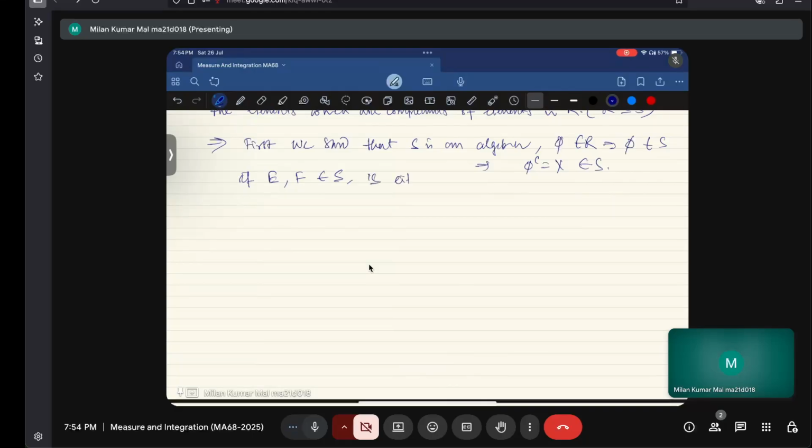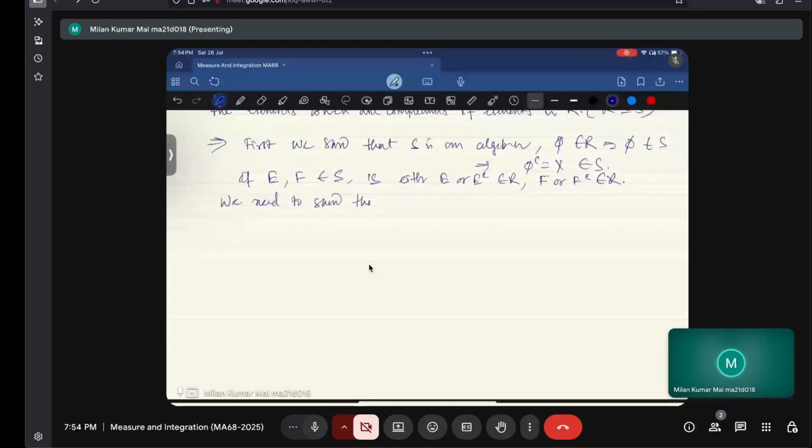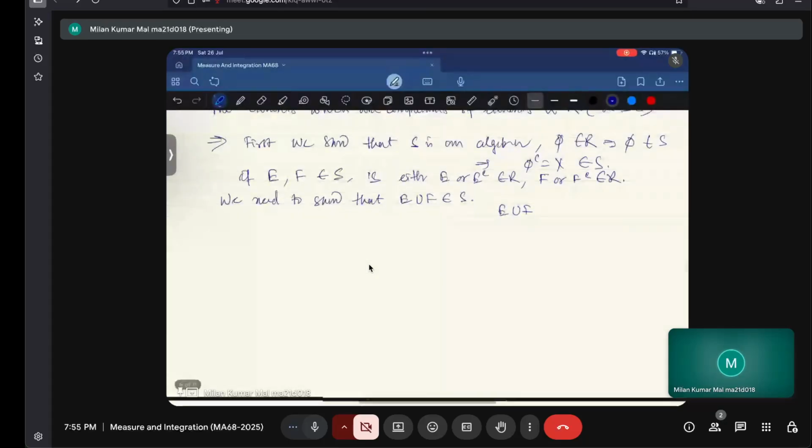Either E or E complement is in R, and F or F complement is in R. We need to show that their union belongs to S. There are four cases.